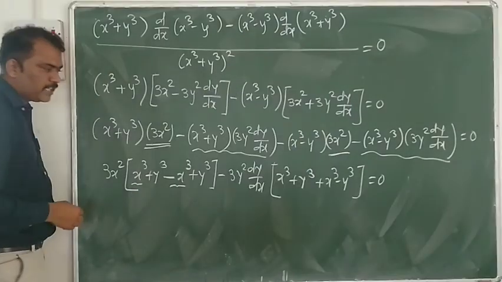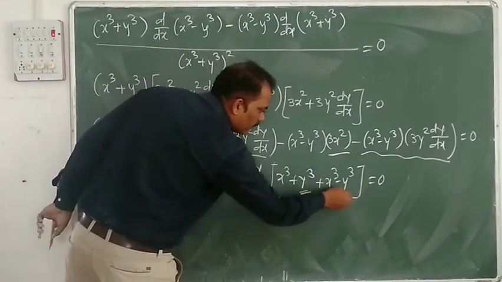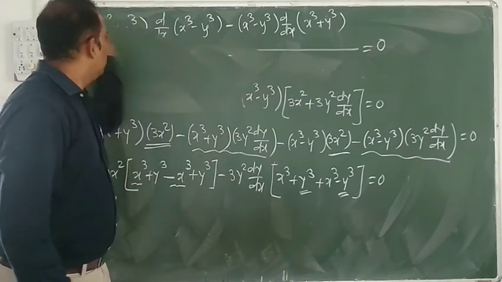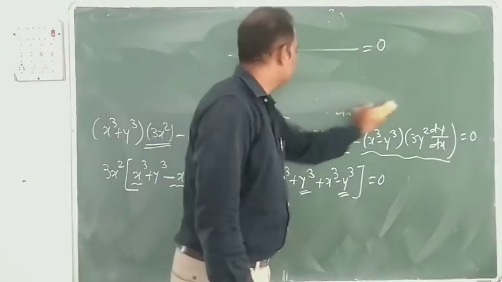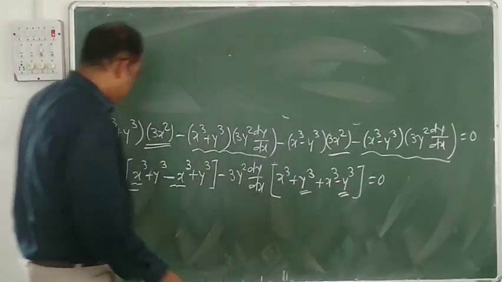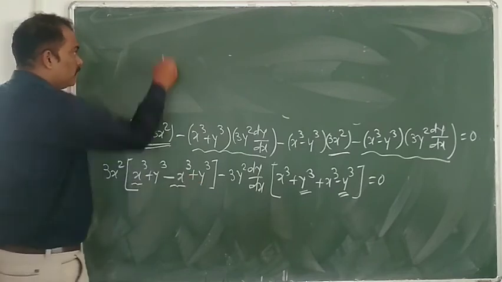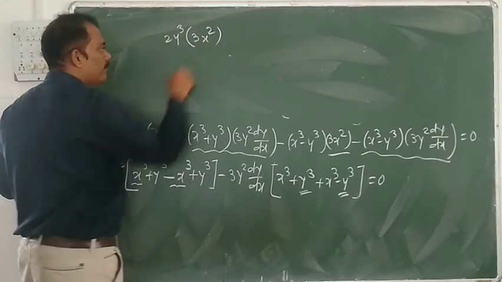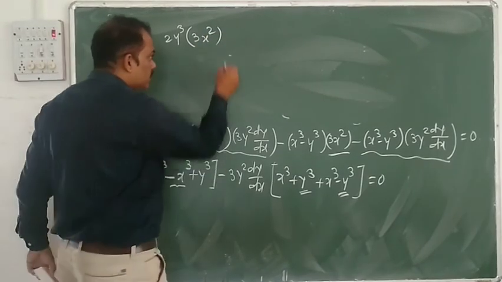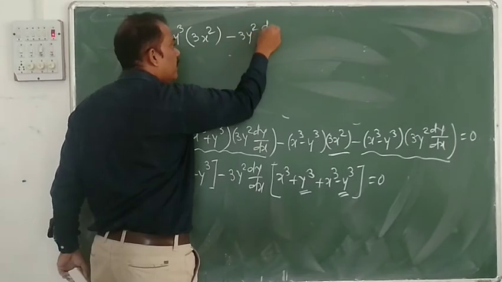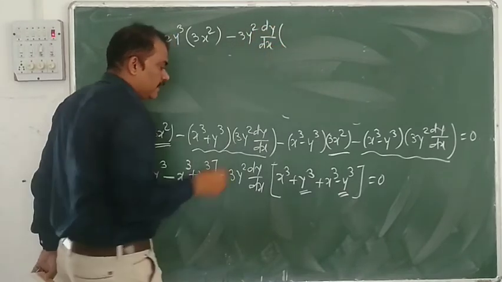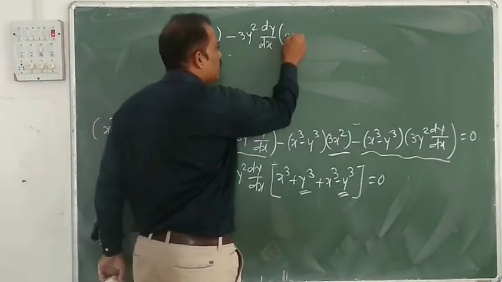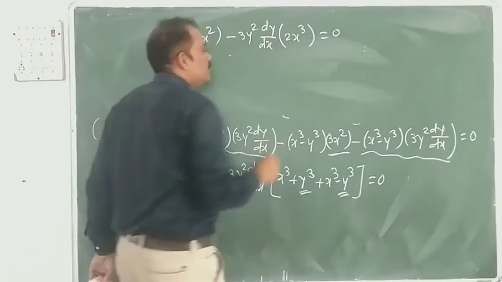The x cube and x cube get cancelled, the y cube and minus y cube get cancelled, so what remains? Here 2 times y cube into 3 times x square, here minus 3 times y square dy by dx into the bracket, here 2 times x cube is equal to 0.